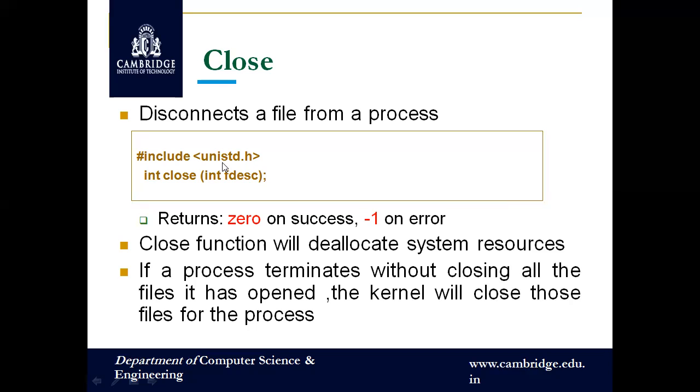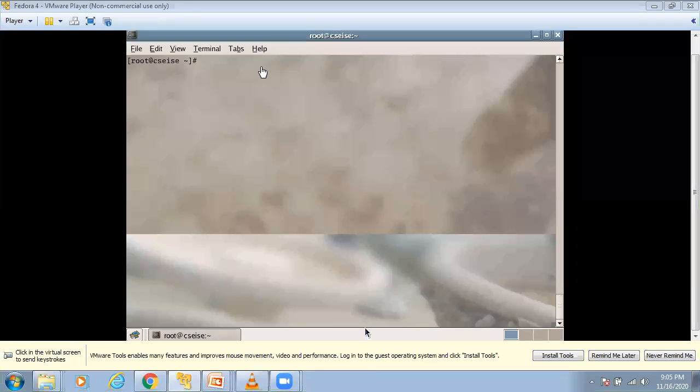Now we'll see how to use the close function with a simple example. In the virtual machine, in my file system, I've created one file just to show the demonstration of the close API. Let me open it with gedit close.c.